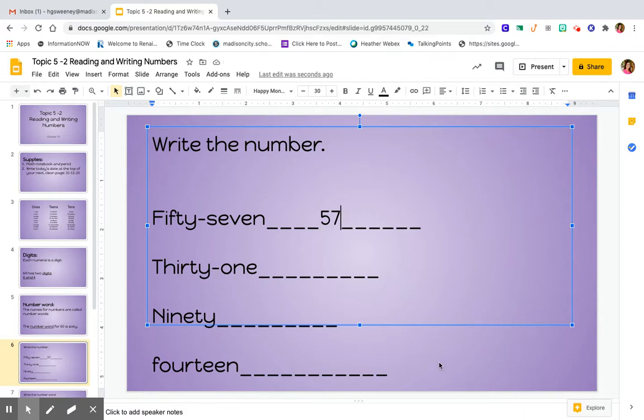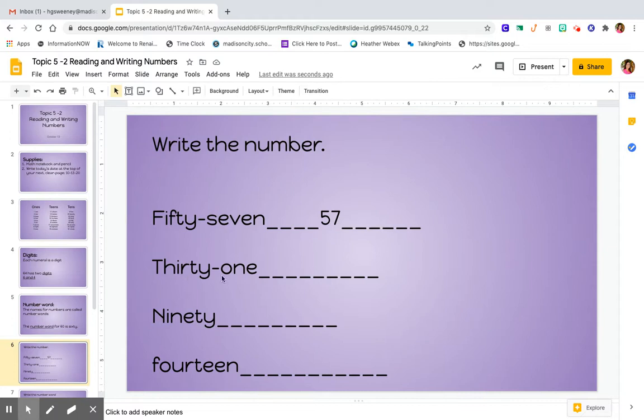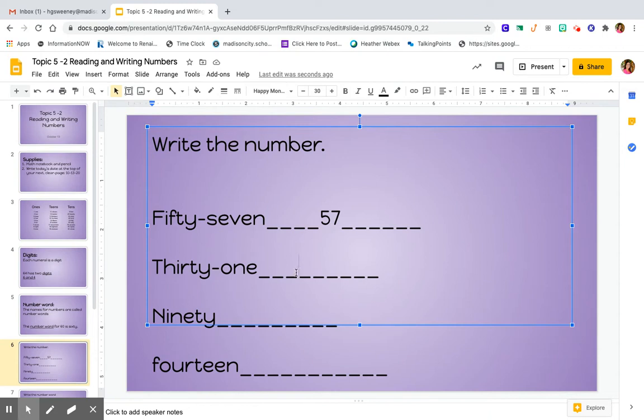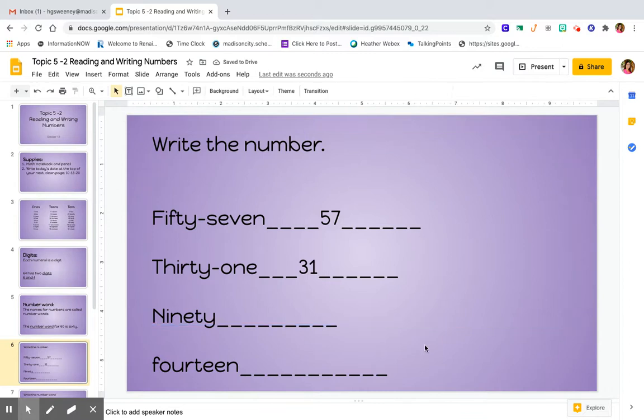Next, let's look at the next one. 31. Again, it has a hyphen because this is a number in the tens. 31. 30, I know, has a 3 in the tens place. 1 has a 1 in the ones place. 31. Now I want you to try the next two on your own. Pause the video, come back when you're ready.